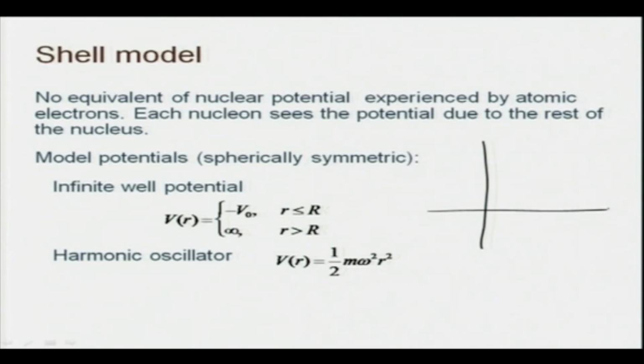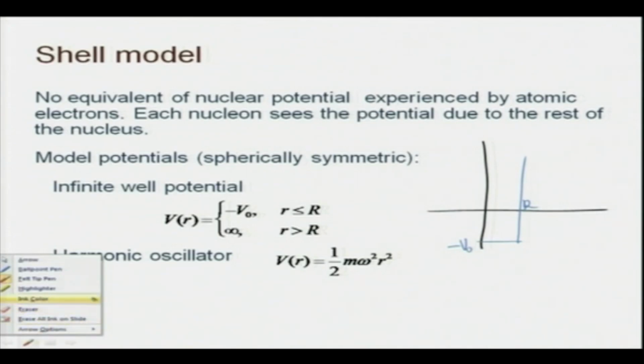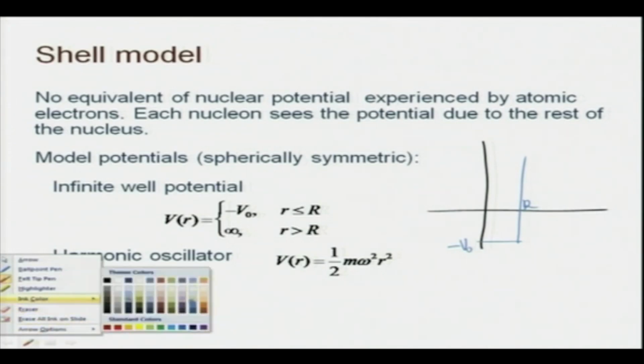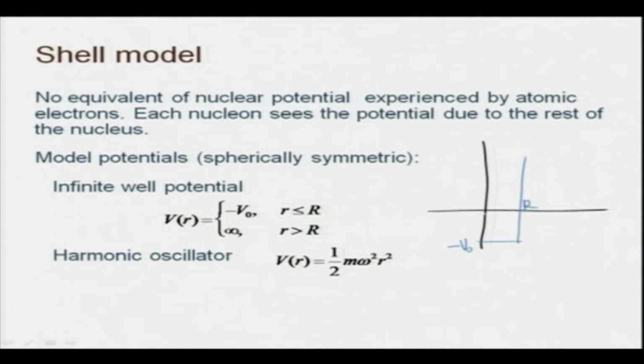If we consider the square well potential, it will look like negative, say minus V0, for radius less than R, and is infinity otherwise, outside. And the harmonic potential is, let me use a different color, let us say green. It grows like this.